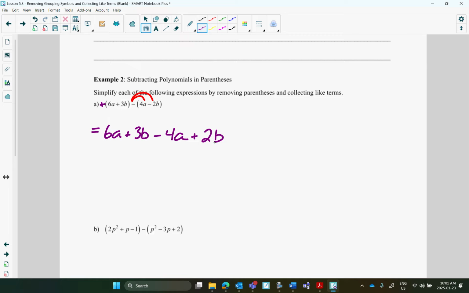We've got to be really careful about that. And again, I see some students try to do a question like this in one step. You can't. Do it in two steps. Take out your parentheses first, write what it looks like without the parentheses, then collect like terms. What would the final simplified answer be? 2a plus 5b when we collect like terms, yes. Good.